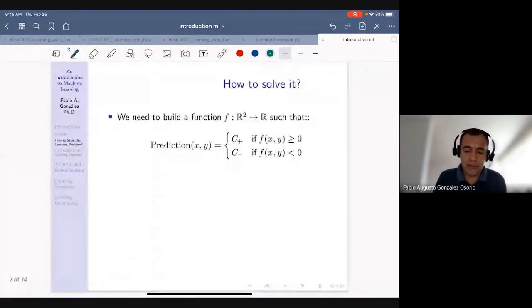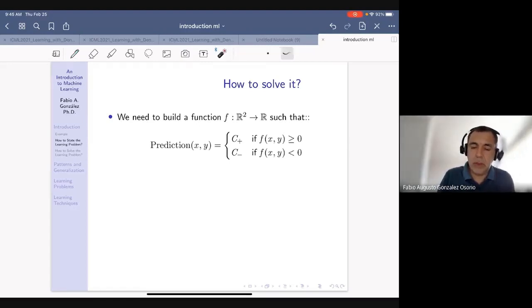Basically what we discussed is something like this. We built a function, what I was calling a discriminative or discrimination function. This function will tell me if it is positive, this is the positive class. If it is negative, this is the negative class. But this function could be anything. We were assuming that it was linear in the previous discussion.